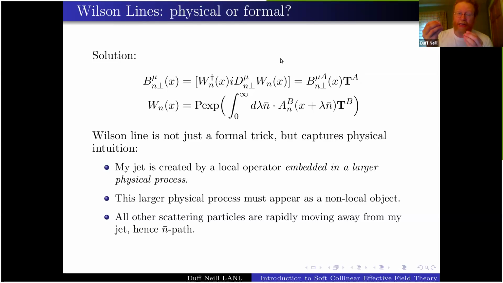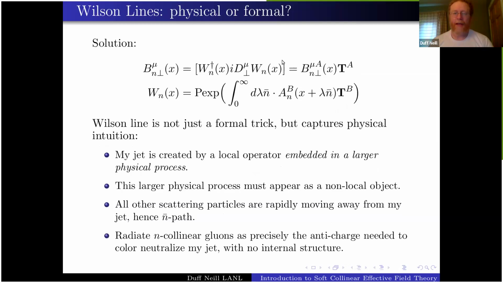From the perspective of my jet, all the other scattering particles are rapidly moving away from my jet. And this is why I chose my n-bar path for my Wilson line. In other words, that's the path that's in the recoiling direction from the direction that my jet is going in, which is the n direction. And finally, all of those other particles that are traveling in this n-bar direction from the perspective of my jet can radiate gluons, n-collinear gluons, into my jet.